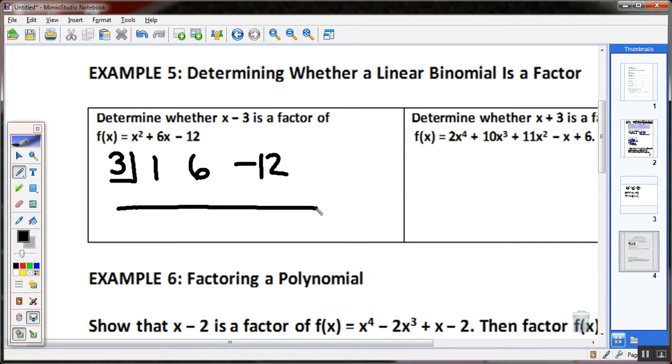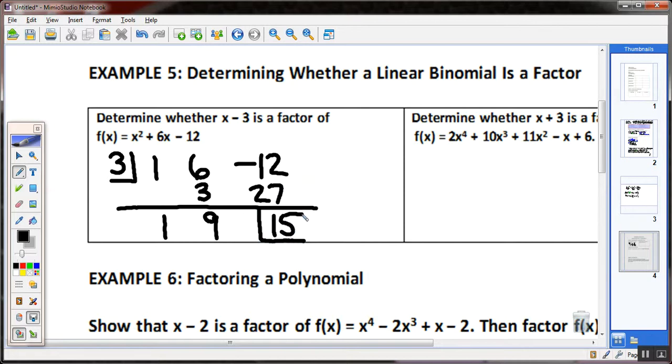Bring down the 1. 1 times 3, 3, plus 6, which is 9. Times 3, which is 27. Add that to minus 12. What do you get?